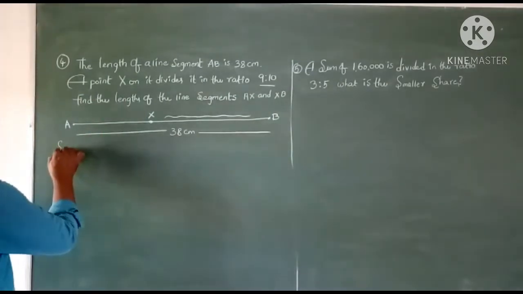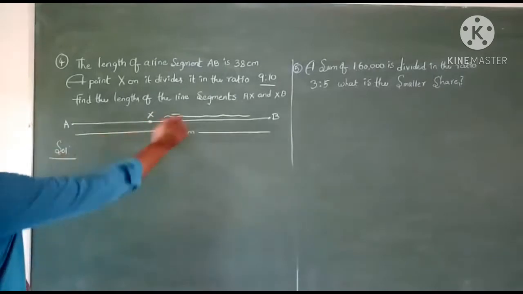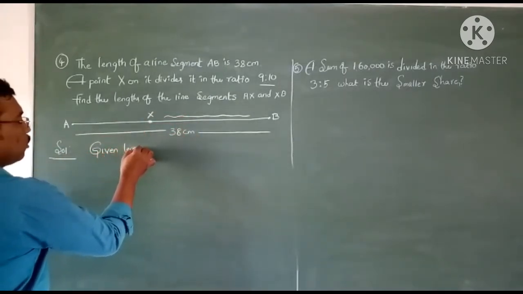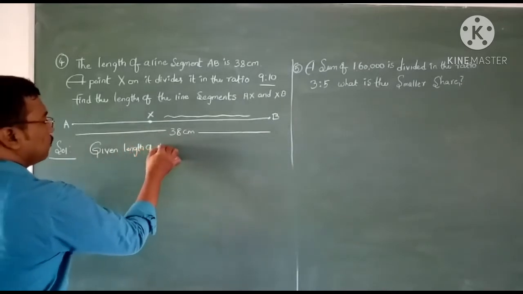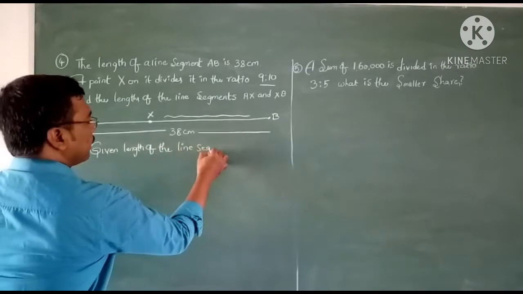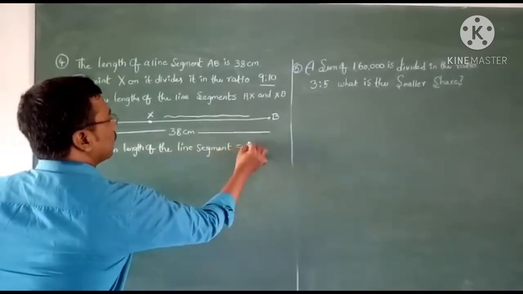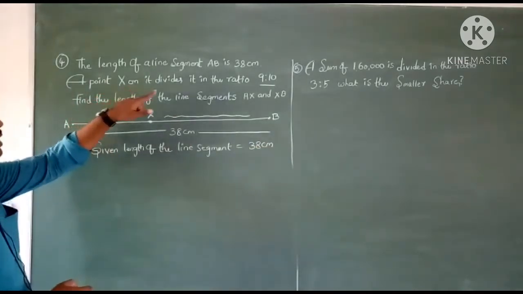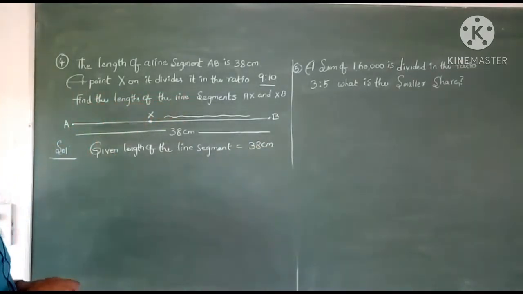See here, the solution for this one is: given, length of the line segment is equal to 38 centimeters. This point X divides it in the ratio 9:10.